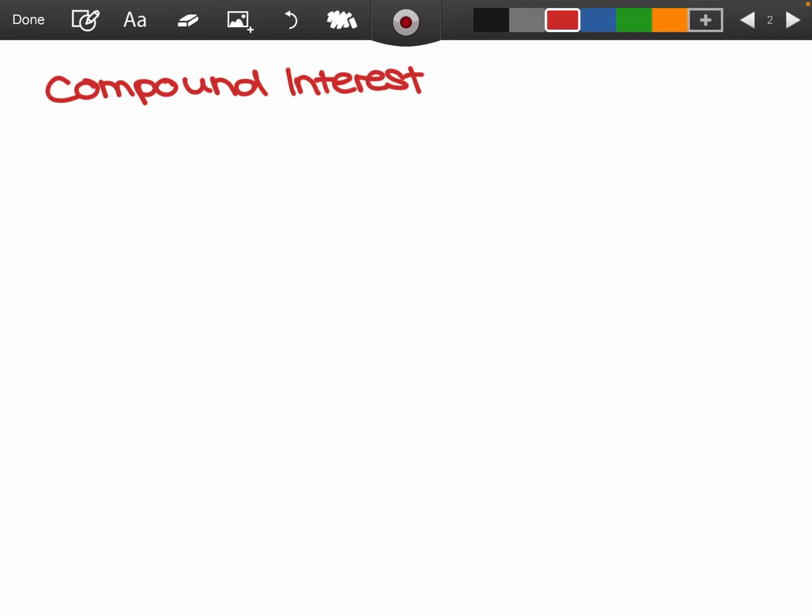So the interest will be added. Then in the next quarter, so after 6 months, that interest is going to be added again, but this time it is on the principal amount that you had at 3 months. So we had our principal amount at the start, then it accrued interest after the first quarter, then it's going to accrue interest again, but this time you're gaining interest on not just that principal amount that you started with, but also on the interest that you earned after the first quarter.